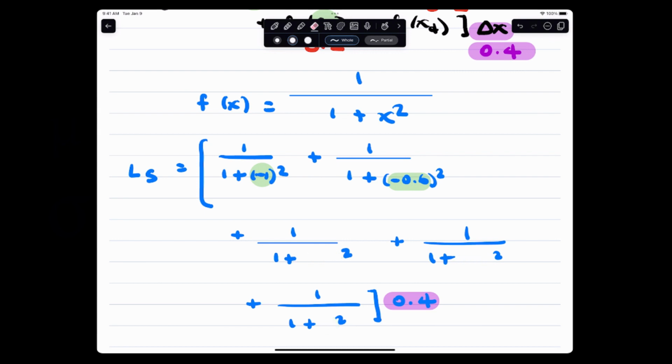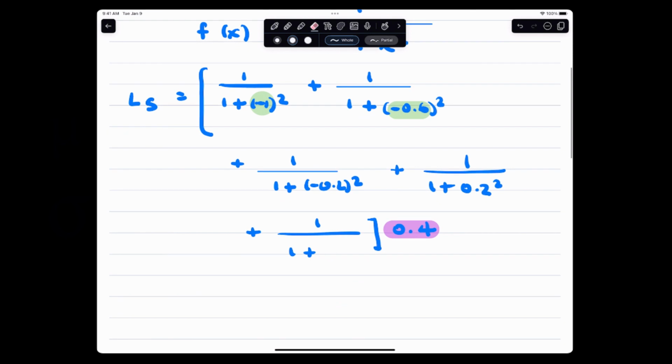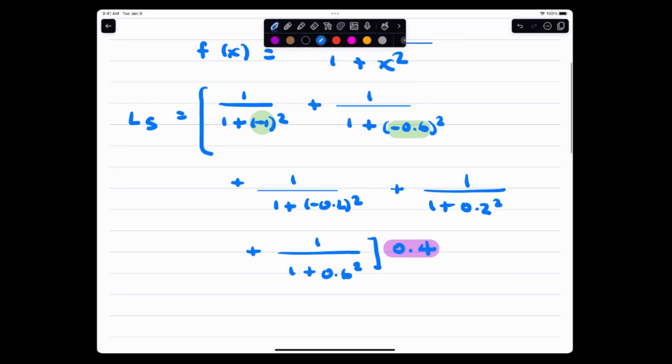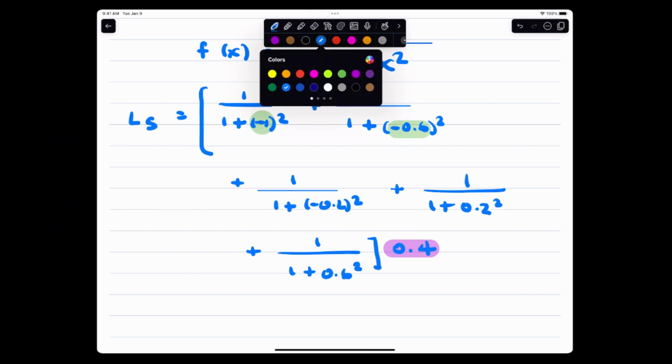Okay. So this should be here. Let's correct this. Negative what? 0.2. And this would be positive what? 0.2. And this would be positive 0.6. So let's make sure the other page as well. Okay, so let's go back here.